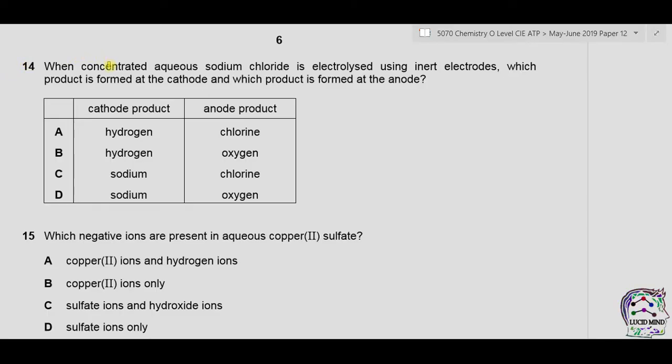Question 14. When concentrated aqueous sodium chloride is electrolyzed using inert electrodes, which product is formed at the cathode and which product is formed at the anode? Now we know that in concentrated aqueous sodium chloride we have sodium ions, H plus ions from water, OH negative ions from water and Cl negative ions from sodium chloride.